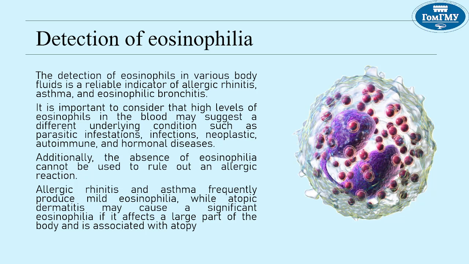Additionally, the absence of eosinophilia cannot be used to rule out an allergic reaction. Allergic rhinitis and asthma frequently produce mild eosinophilia, while atopic dermatitis may cause a significant eosinophilia if it affects a large part of the body and is associated with atopy.